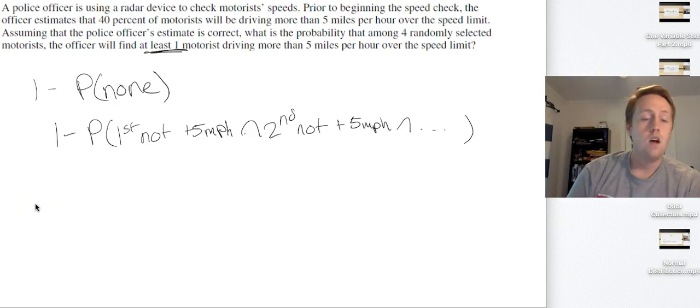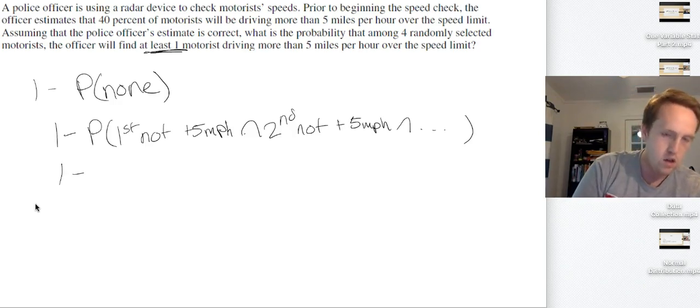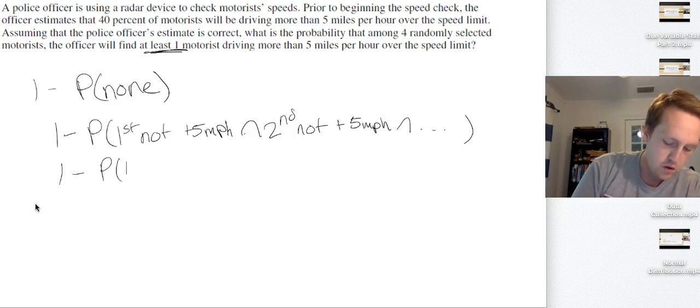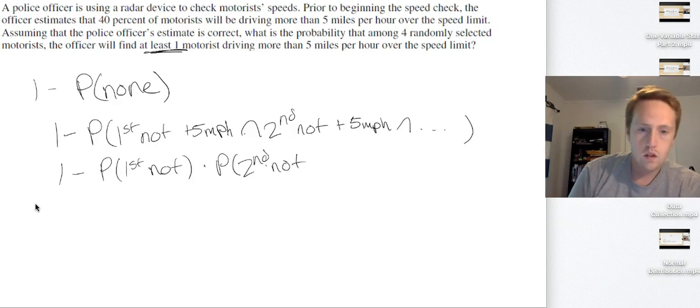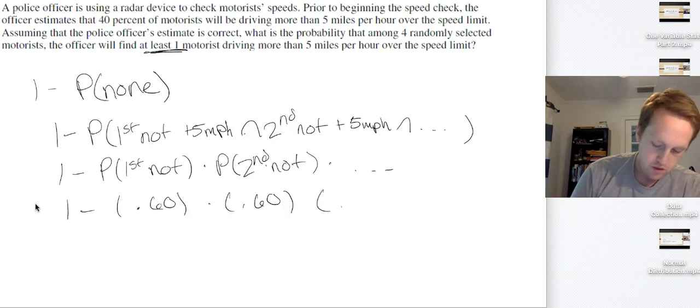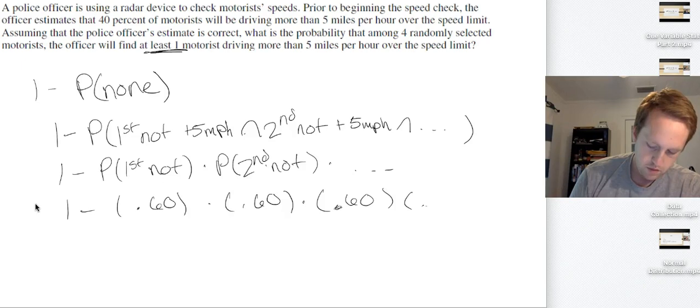Etc. Right? So these should be independent, right? It's reasonable to assume that motorists on a highway are driving independently of each other, at least as far as their speed goes. So I just need to find the probability that the first is not, times the probability that the second is not, times etc. Right? So that's going to be 1 minus 0.60 times 0.60 times 0.60 times 0.60.